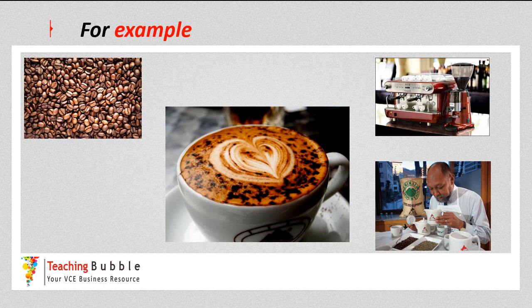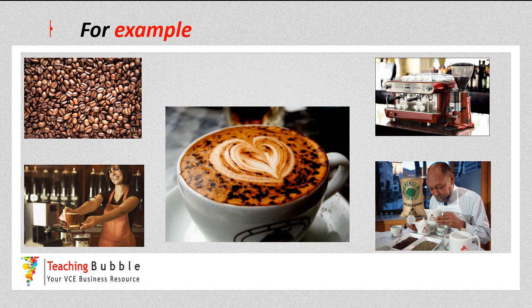They may look at their quality control, so who's actually checking the quality of the coffee beans or the quality of the actual processes or the coffee before it goes out to the consumers. And then the type of service that they're providing, so they may need to train their employees or hire employees that are highly skilled in customer service to provide that high amount of quality for their coffee.